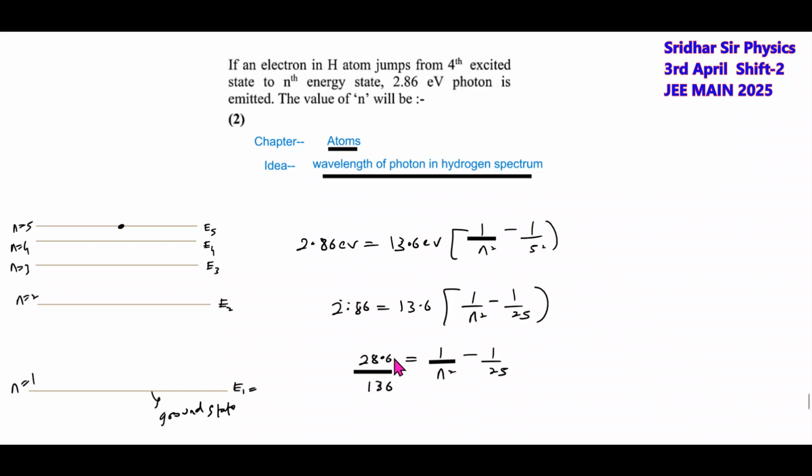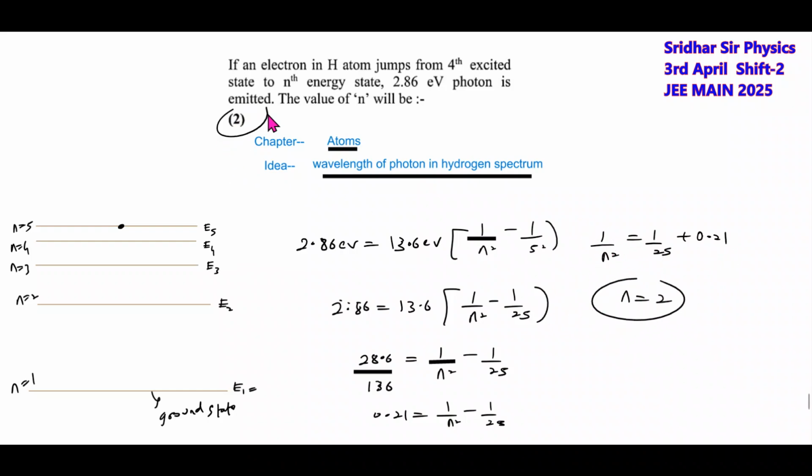I'm using calculator. 0.21. Then this will be 1 by n square equal to 1 by 25 plus 0.21. Approximately we'll get, it will be 2.